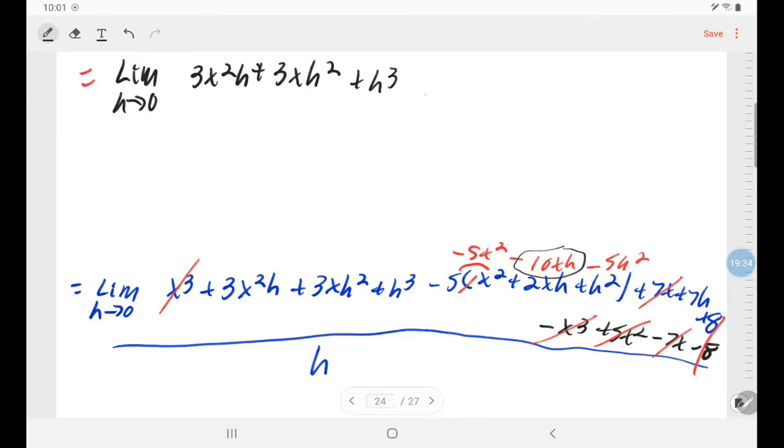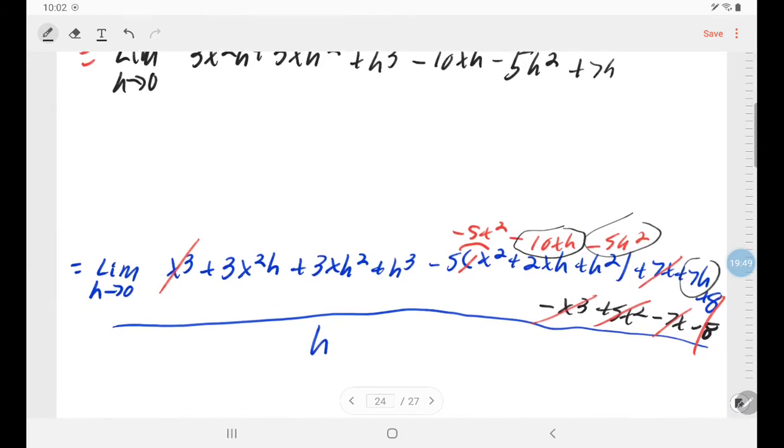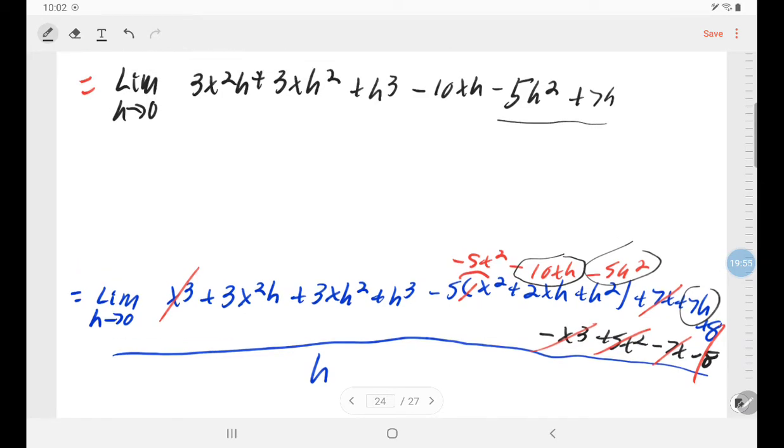I still got a negative 10xh, a negative 5h squared, and I think a 7h. I believe that's what's left, all over h.